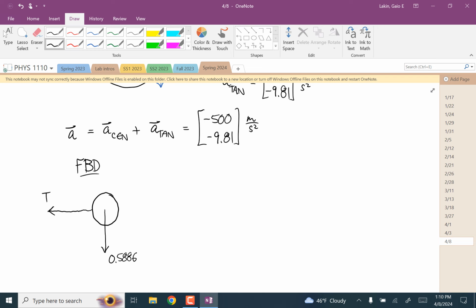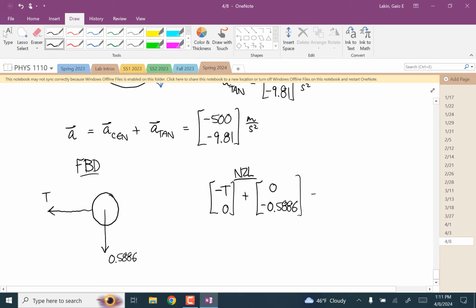And now, write out Newton's second law using this free body diagram and that acceleration and calculate the value of that t. So the last step then, Newton's second law, the t is in the negative x direction. The weight is in the negative y direction. That's equal to the mass times the acceleration.